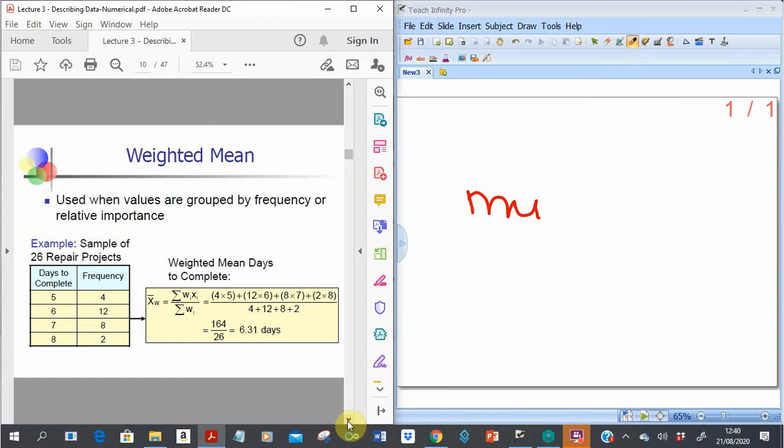So we have an example where we are computing the weighted mean. Sometimes the frequency is very important. Say you want to see the average of how much each salesperson sells each day, but then you also want to see the number of customers that they attend to in a day.